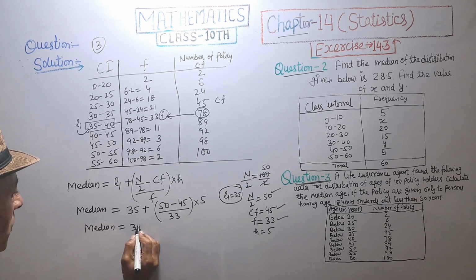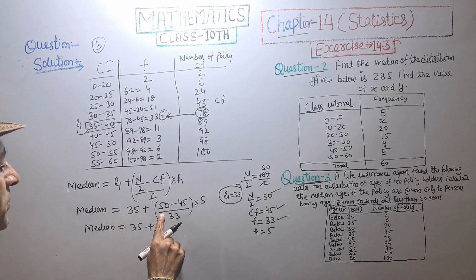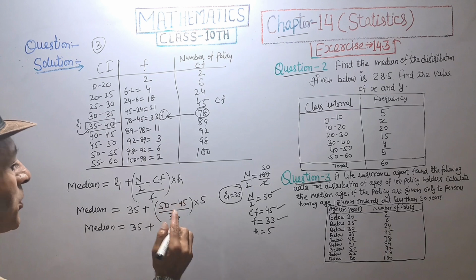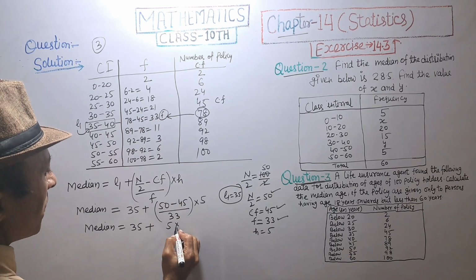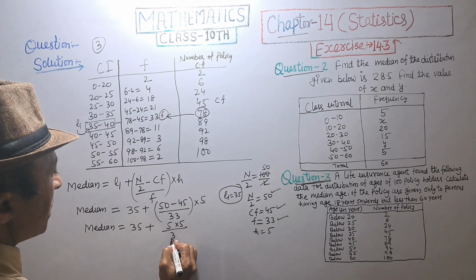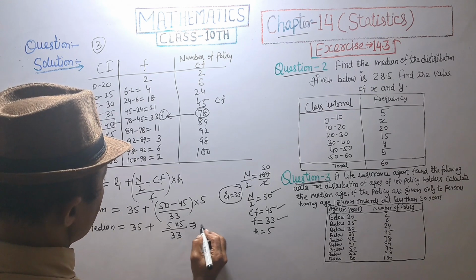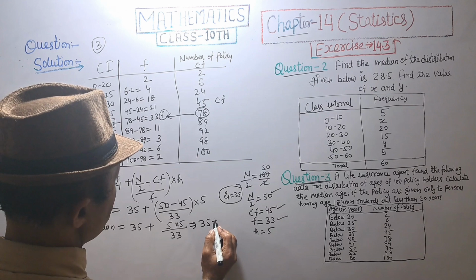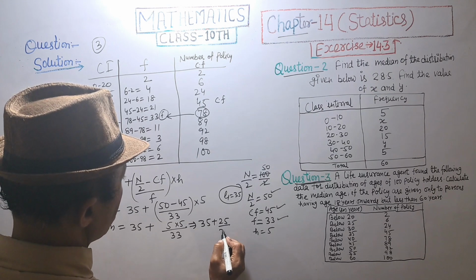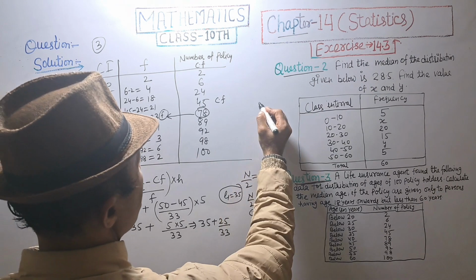Median is equal to 35 plus 50 minus 45 is 5, multiplied by 5, divided by 33. This implies 35 plus 25 upon 33.